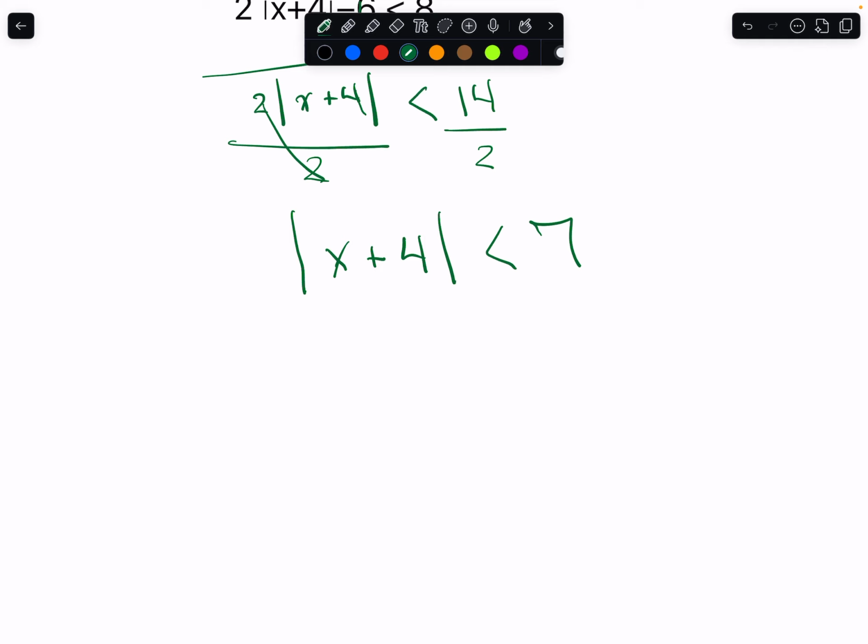Next thing, we see we're working with inequalities of absolute values with inequalities. We first look at the sign. The sign here is less than. Less than rhymes with and, so that means our rule here will be and.